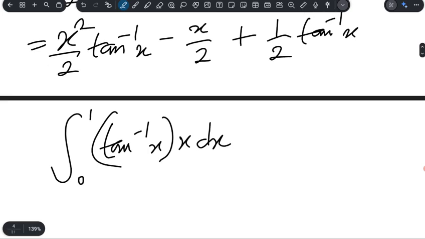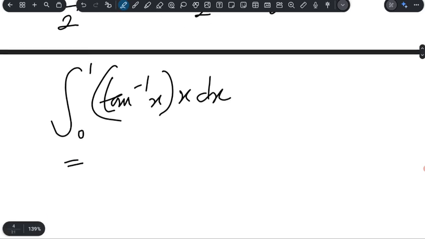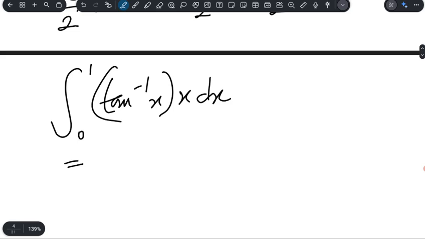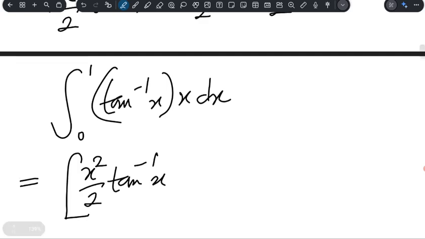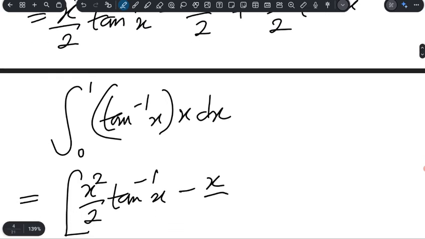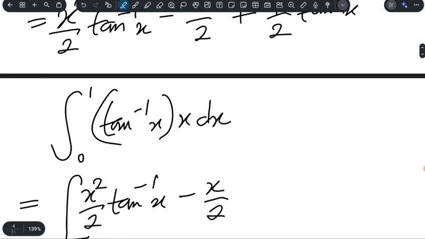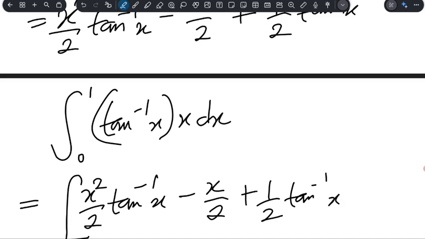So we need to apply the upper and lower limits. It is equal to, you open a big bracket, x squared over 2 arctan x, minus x over 2, plus half arctan x, you close the bracket, with limits 1 and 0.